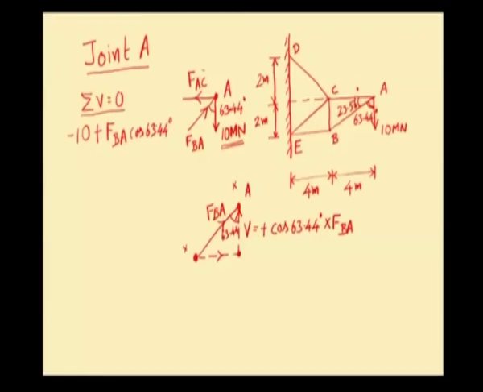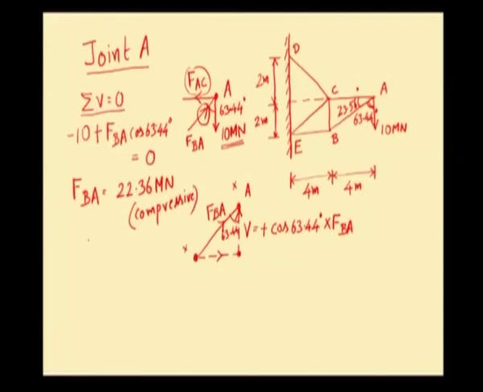Now, the next force is FAC. FAC is a horizontal force and hence it does not have any vertical component. So, these are the algebraic sum of all vertical components of forces. I am equating it to 0. Now, solving this equation we will be getting FBA as plus 22.36 meganewton. FBA comes as positive, which means that our assumed nature of force in the member BA, which is compression, is right. So, FBA will be 22.36 meganewton compressive.